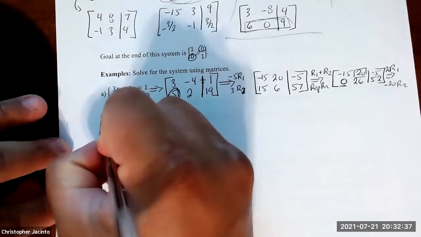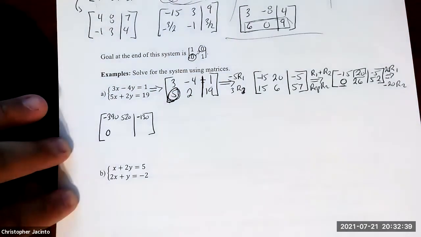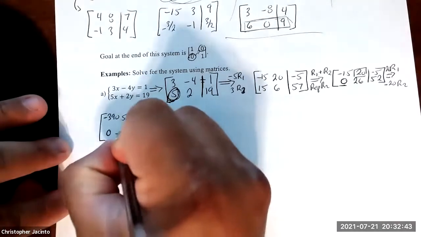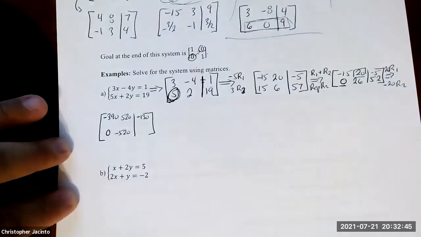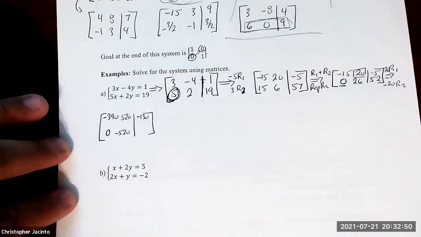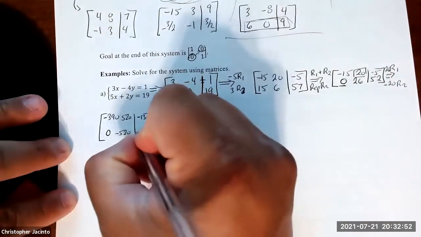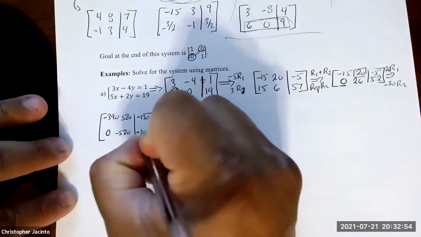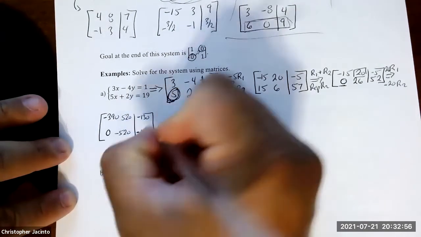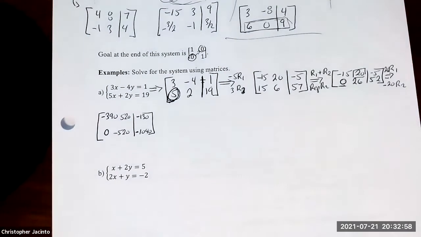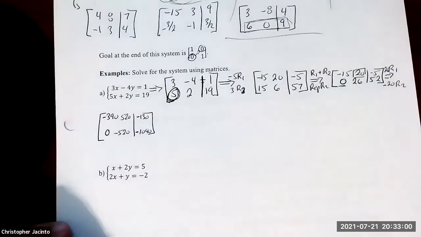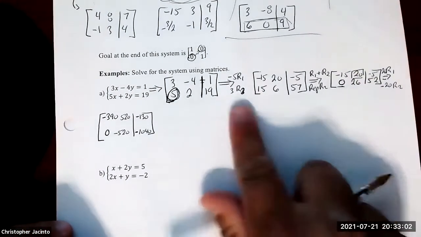And this is still 0. So notice we just did this step here, right?